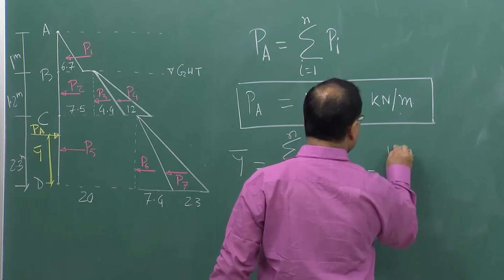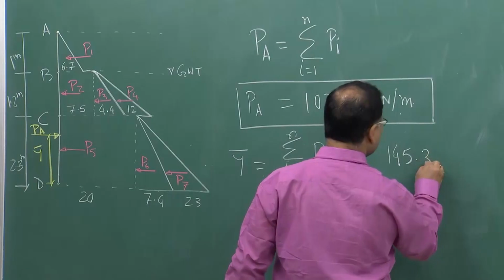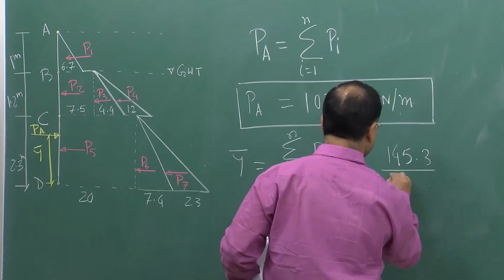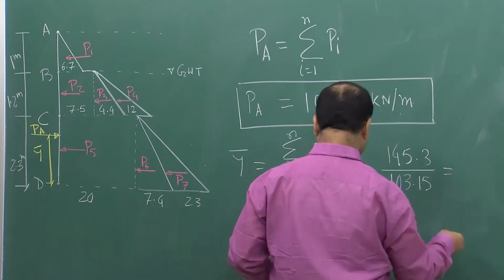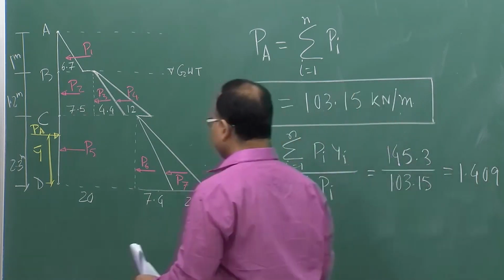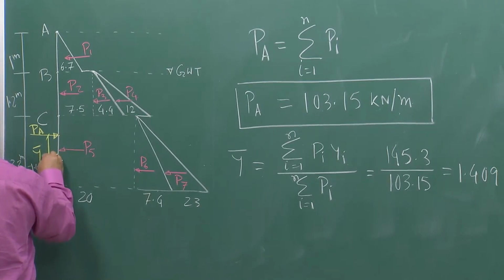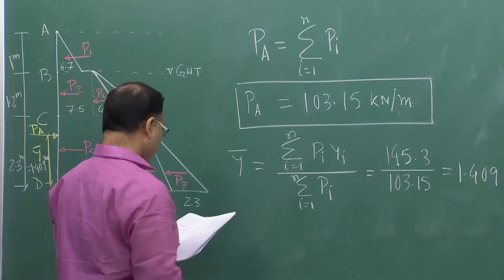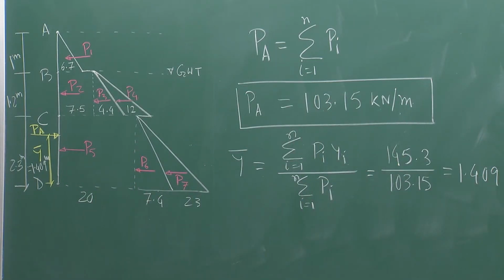That gives me, if you do this, 145.3. I am not writing all the values, you can check it, which comes as 1.409 meter. So, y bar is equal to 1.409. You can write here that the total thrust is coming as 103.15.